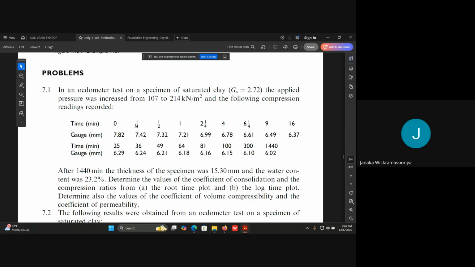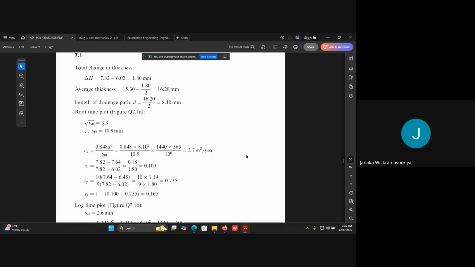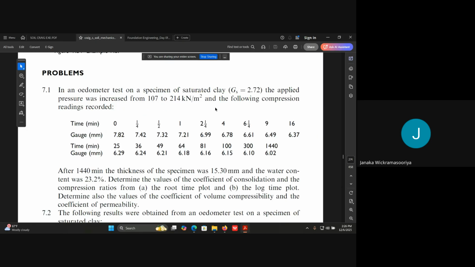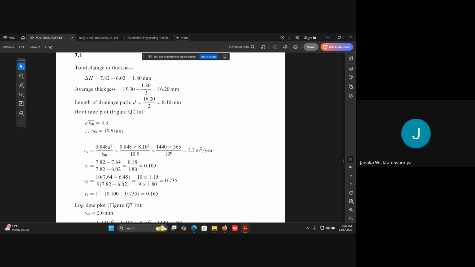So the average thickness can be found from the gauge. This is the gauge difference. So the final gauge would be 6.02 and this one. And the average thickness of the sample was 15.3 plus this divided by 2.